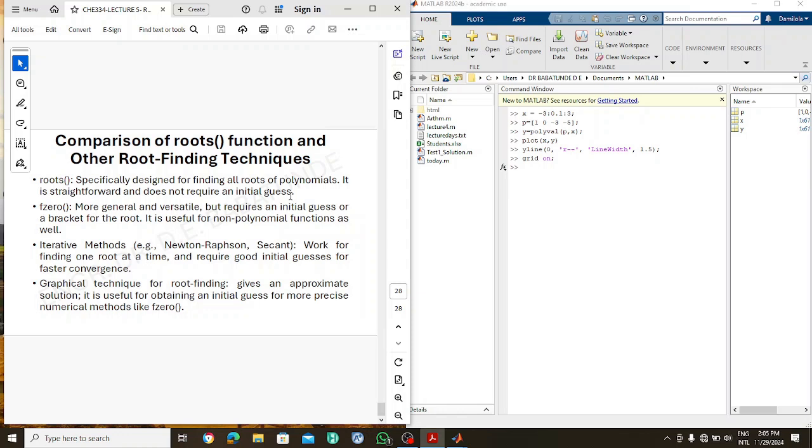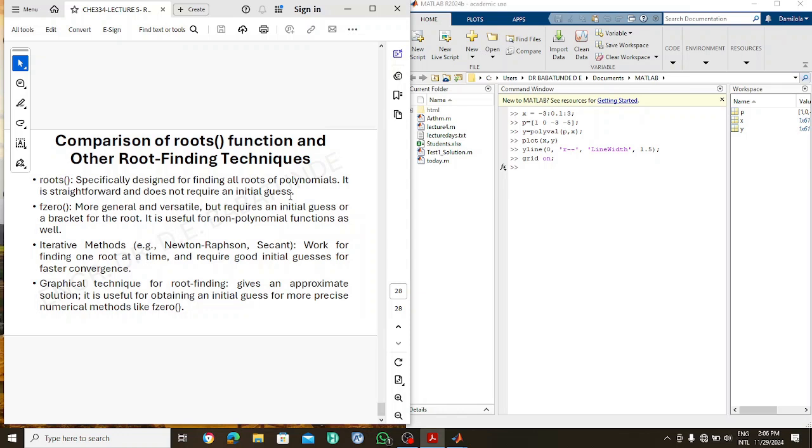Then we have looked at the iterative methods. Today we were able to look at the Newton-Raphson method and the secant method. Those also require initial guesses, and they can only give you one root, unlike roots that we used, but that is for only polynomials anyway. Then for all of those methods that require guesses, you could use the graphical technique to get a good guess, because finding a solution using those iterative methods depends on the kind of guess that you provide.